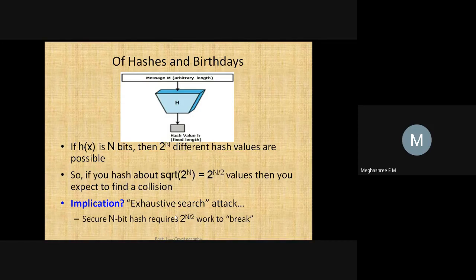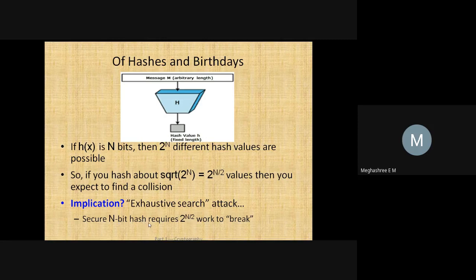Okay. So to avoid this kind of attack, the n bit output of this hash function should be large enough. If any attacker tries out 2 power of n by 2, it must take him a very long time.